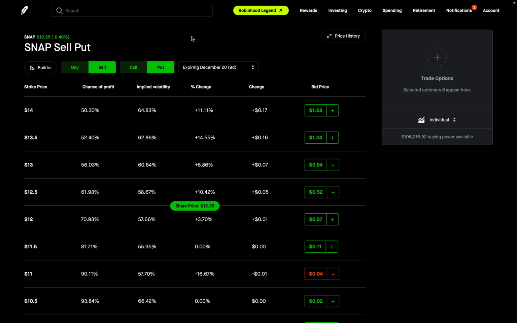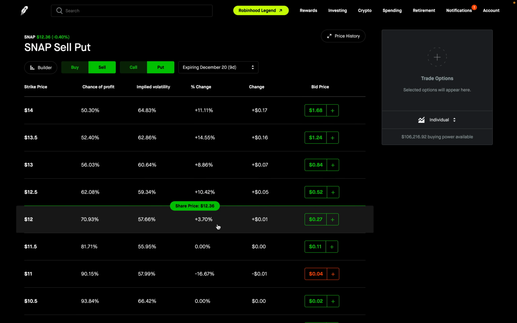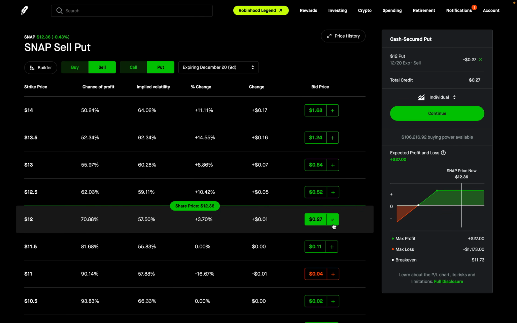Then for the put that I sell, I would usually select the one at the $12 strike. So I would come in here and select this put right here. And so for selling this put, I'm going to get paid a premium. How much? 27 cents per share. Each contract controls 100 shares. So I would get paid $27 to sell this cash secured put.